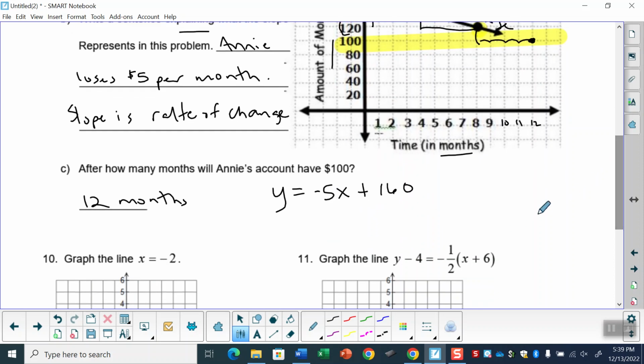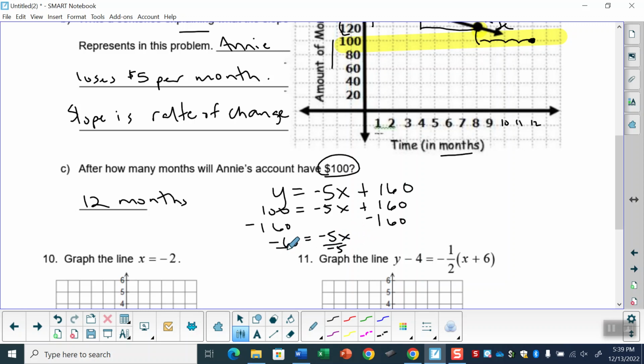And this is saying, when is the amount of money going to equal $100? And so then I would subtract 160. So I get negative 60 equals negative 5x. Divide by negative 5, divide by negative 5. And so x equals 12 months.